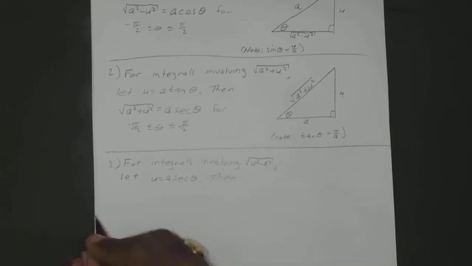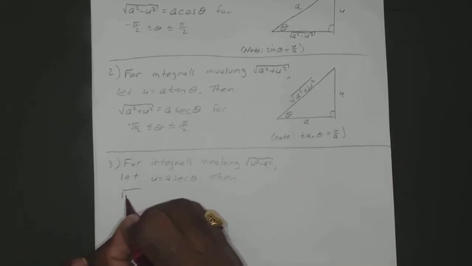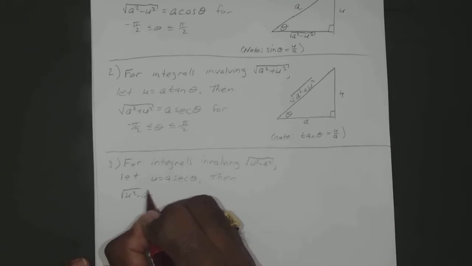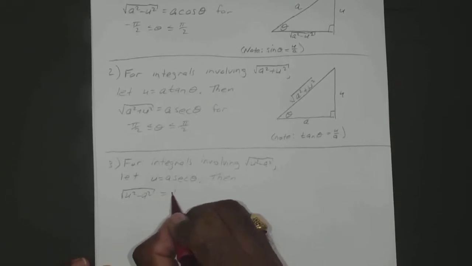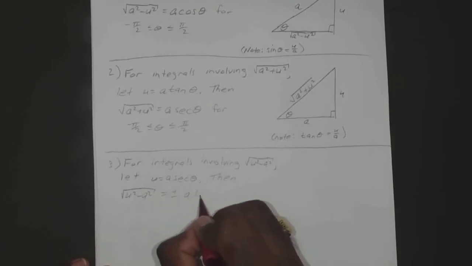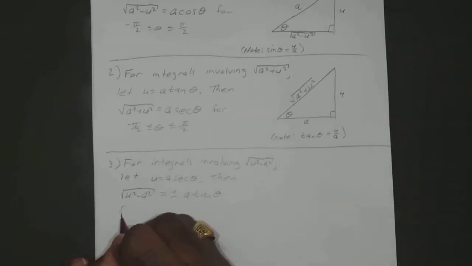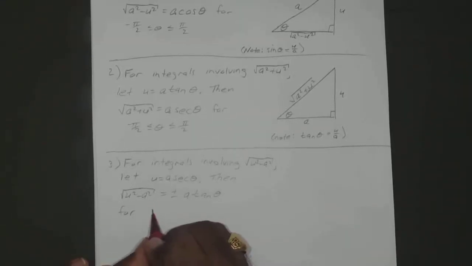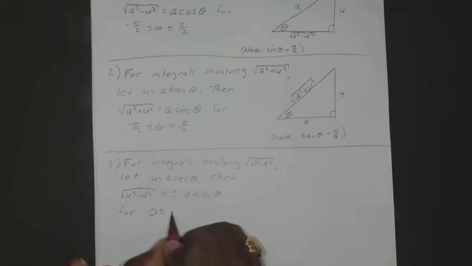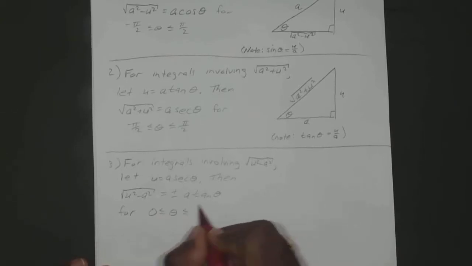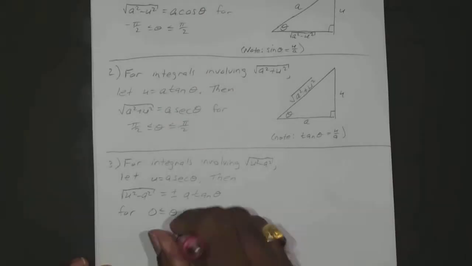If you do that, then your square root of u squared minus a squared will come out to equal positive or negative a tangent of theta. That's for the integral of 0 to pi over 2, actually just less than pi over 2 for this one.